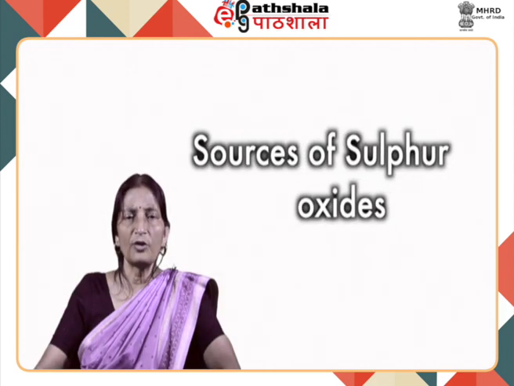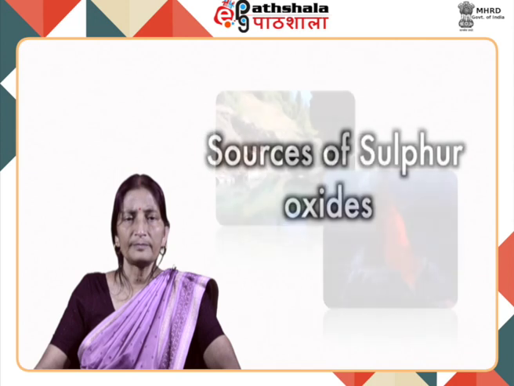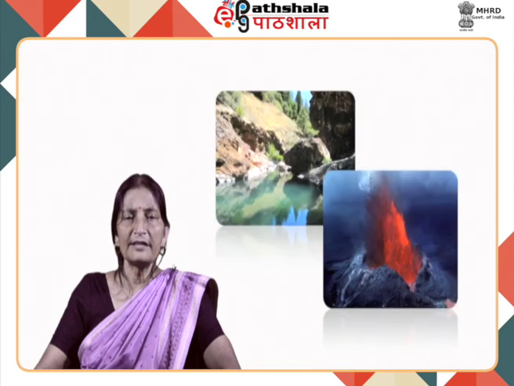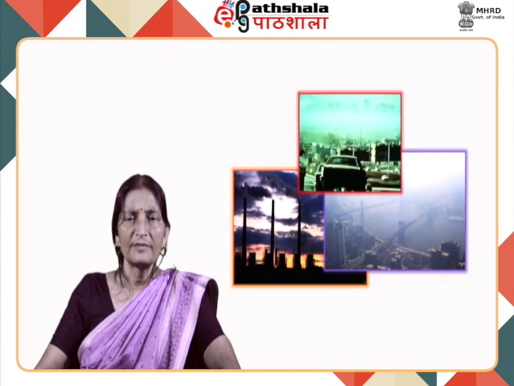Sources of sulphur oxides in the atmosphere. Sulphur dioxide is produced naturally from volcanoes and hot springs. Sulphur dioxide is also obtained by oxidation in air of hydrogen sulfide released from marshes and swamps on land and from biological decay in oceans.